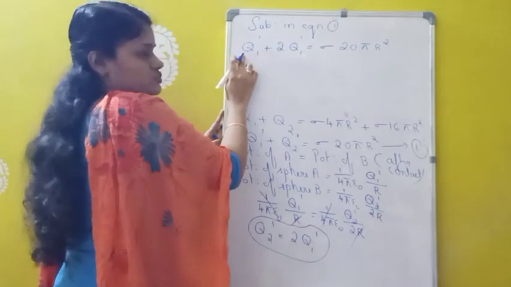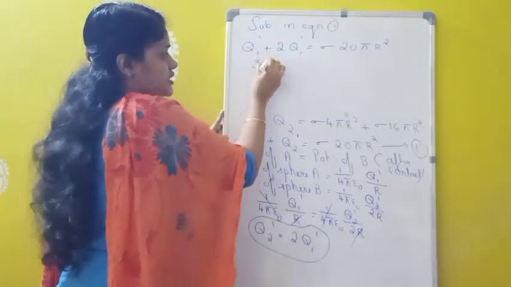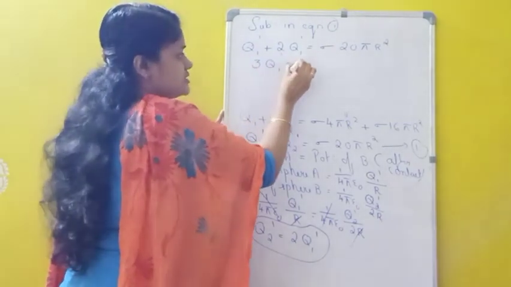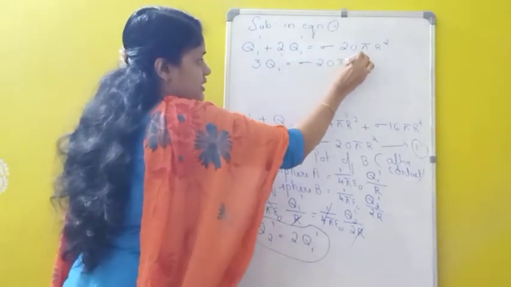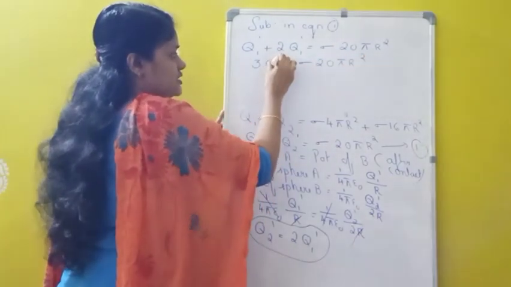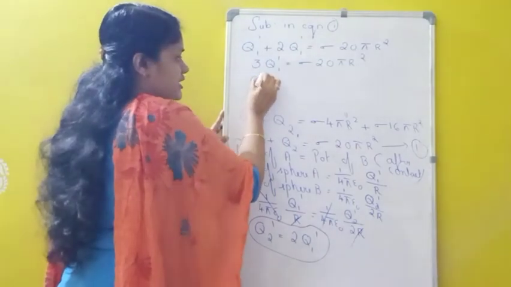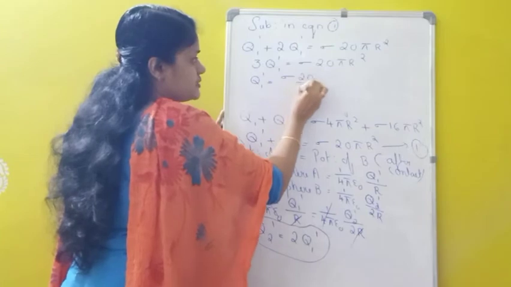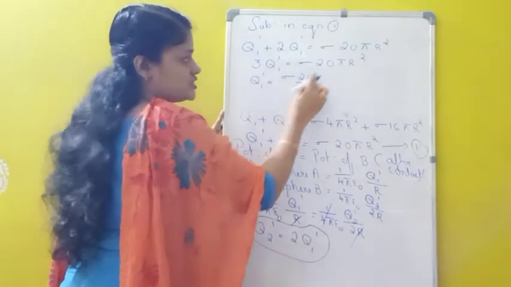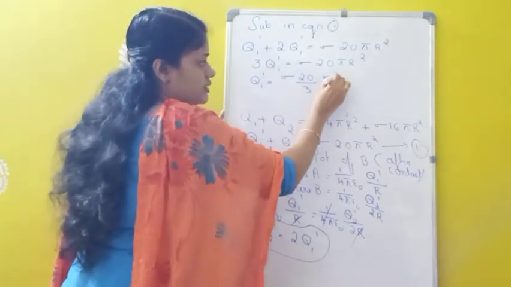Here 2 plus 1 is 3, so 3Q1 dash equals sigma into 20 pi r square. From this, Q1 dash equals sigma into 20 by 3 pi r square, dividing by 3.